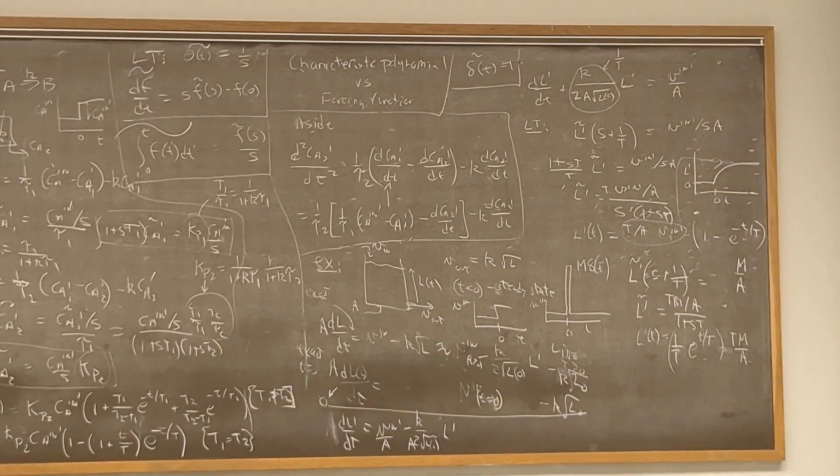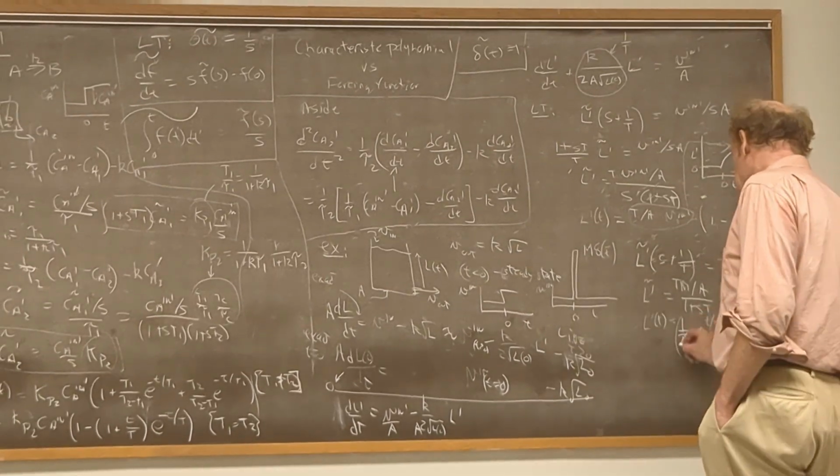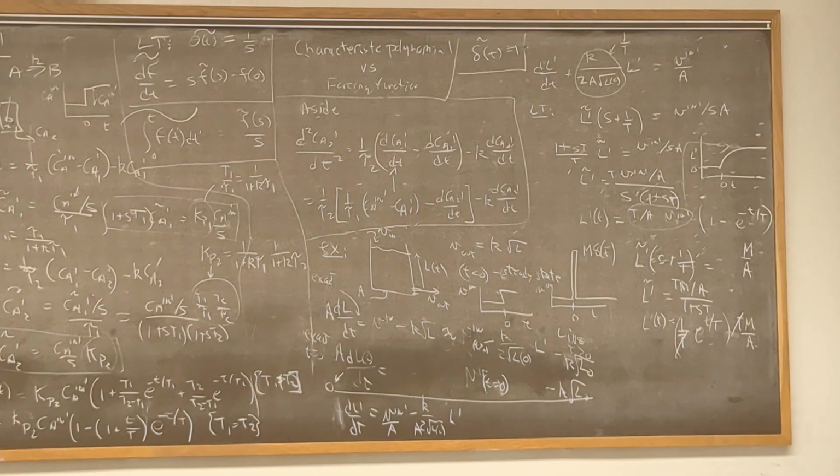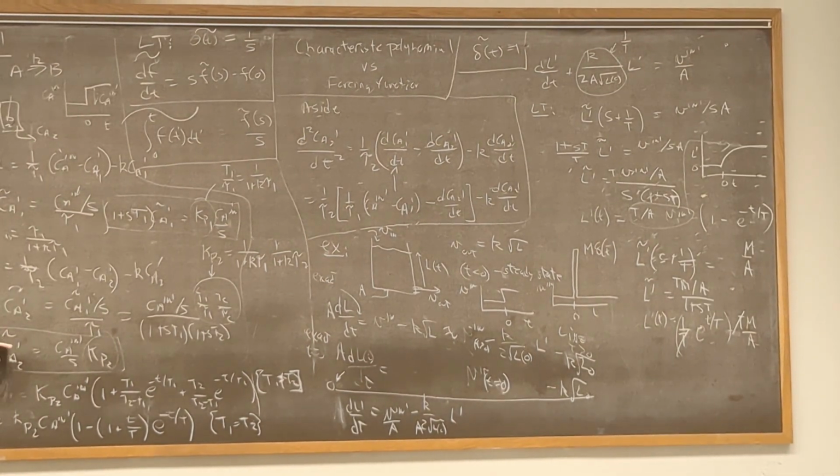So the tau cancels. One outside, there's still a tau in here. So what does this say? And I think there was a minus, it was e to the minus, right? Yes, e to the minus.